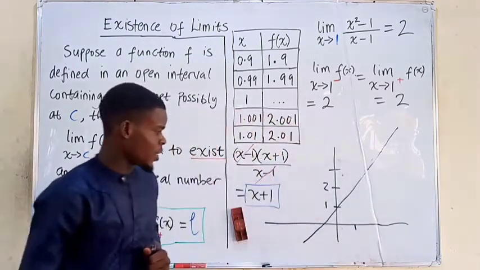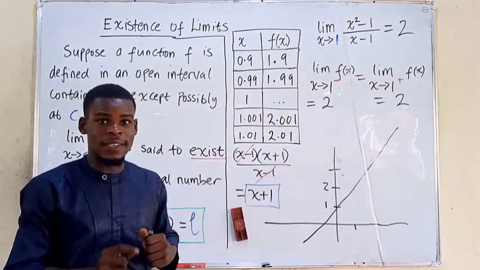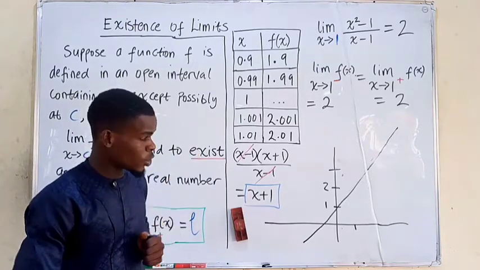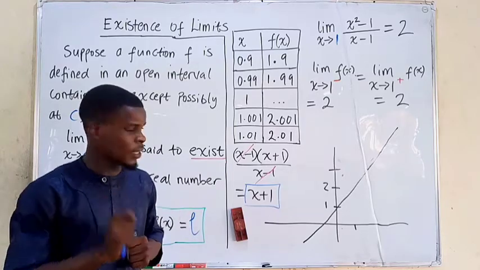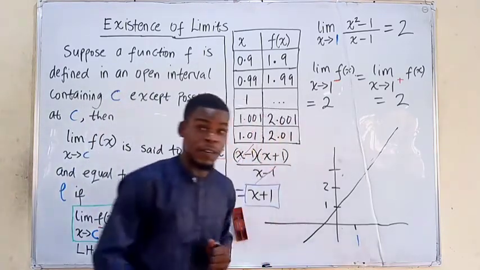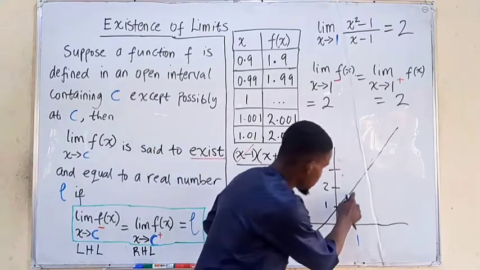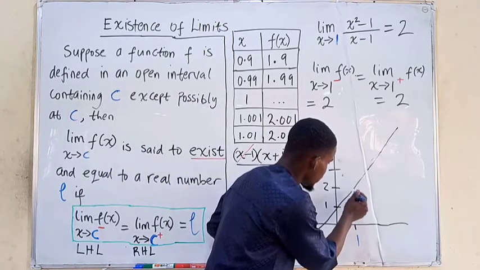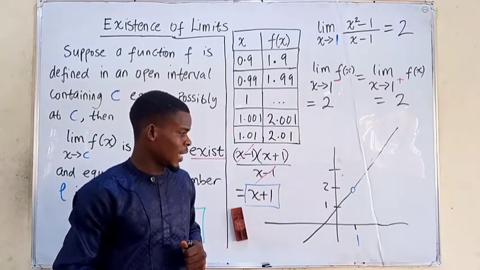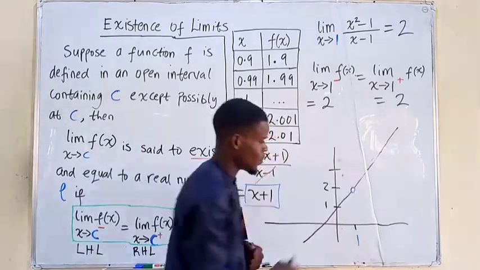But if we want to plot that original function on a graph, we are going to plot the same straight line, but the difference is going to be in the domain. At position 1, the function is not defined. That means that when we get to 1, we are going to leave a circle, just jump that point and move on.